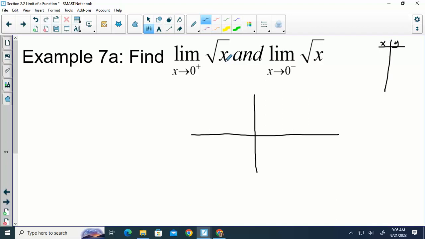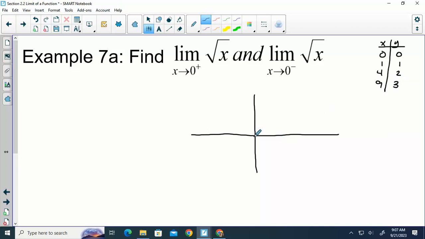Can you plug in negatives? No, that's going to give us an imaginary. Can I put in 0? Square root of 0 is? I put in 1. Square root of 1 is? Give me another number we can take the square root of. 4 would give me a 2. 9 would give me 3.